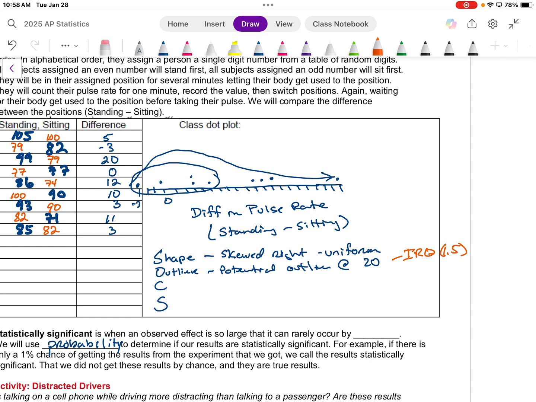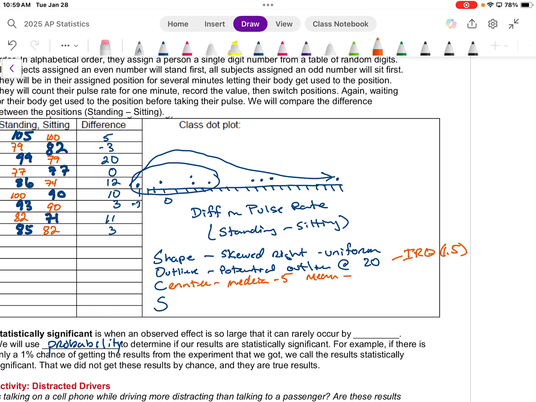The center, for the C, kind of looks like the center's probably around 3. There is an odd number of values, so 5 is the median. The median is 5. The mean technically is going to be a lot bigger.